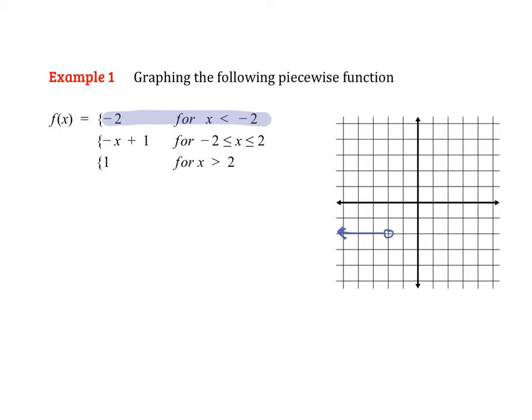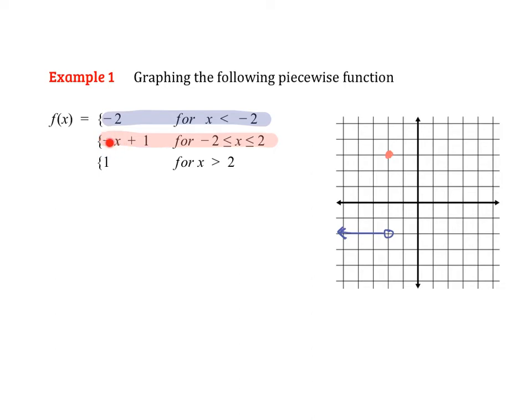So now I'm going to jump up to this next interval. I can see I have a linear equation. So I am going to start by evaluating it at -2. If I substitute -2 here, we get +2 plus 1, which is 3. And here I will do a closed circle. And then we know that in a linear function, the coefficient of x is always our slope.